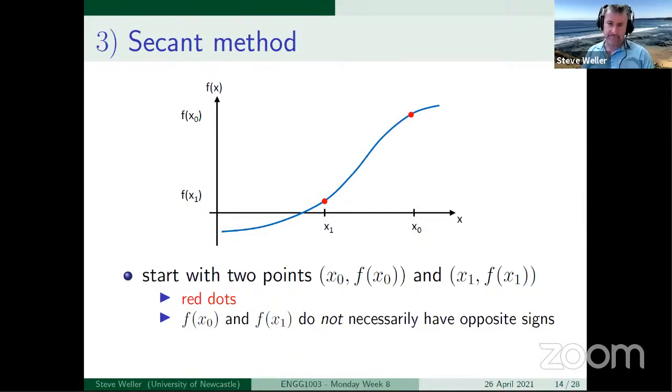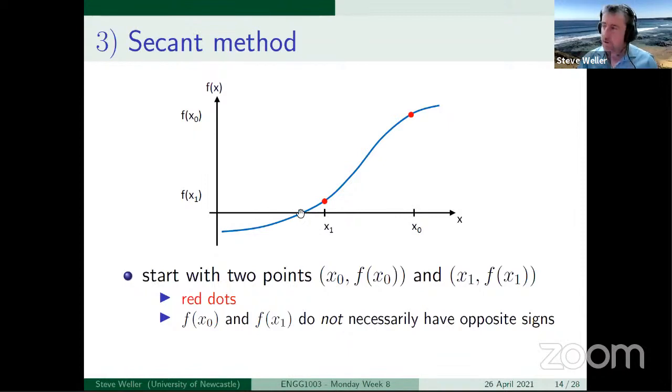So with the secant method, we also start with 2 points. And I've indicated them here as red dots. Keep in mind the solution that we're looking for is the value of x where the blue line intersects the horizontal axis.